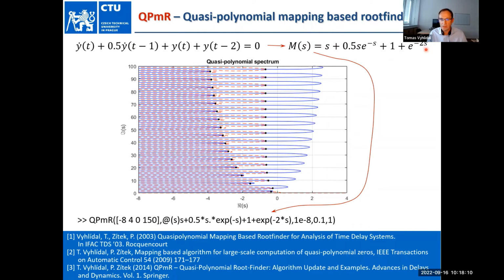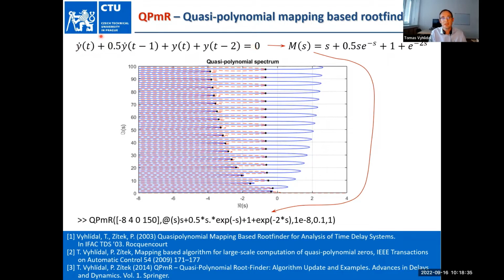For solving more complex problems, for example, codes by Wim Michiels and Dimitri Breda can be used. But try my QPMR algorithm. You can download it from my web, or I can send it to you. You see that the application is quite simple.